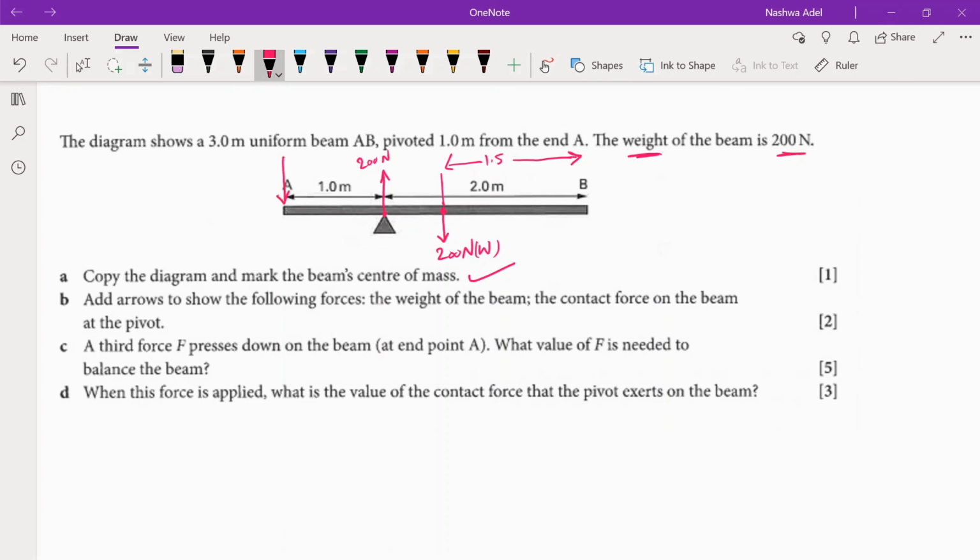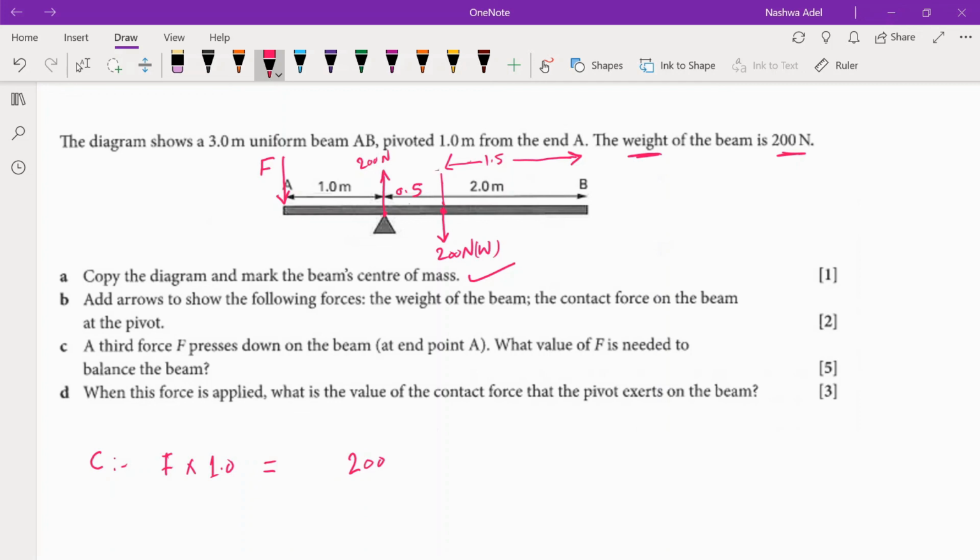What is the value of the force needed to balance the beam? So what is the value of this force here? Here is the answer of this part. Because here is a pivot, we have F times the distance, which is 1, equal to 200 times this distance, which is 0.5, because this is 1.5 and this is 2.